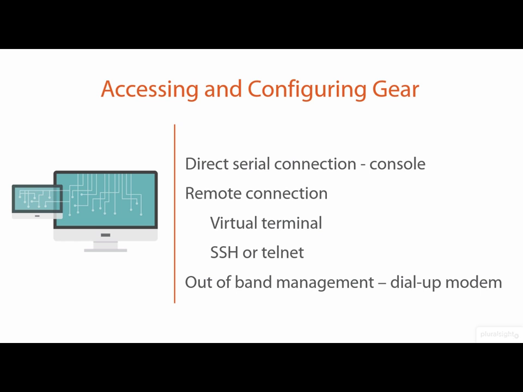We also have options of out-of-band management. One of the things we used to do at the hospital in order to make our life a little bit easier should a network outage occur is that every single site that we had a device at, we would install a dial-up modem and connect it to the auxiliary port or the console port of the device.